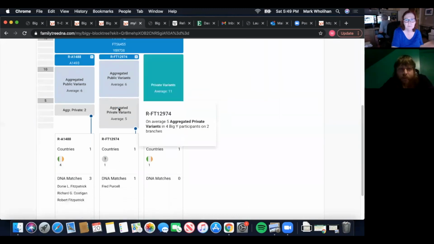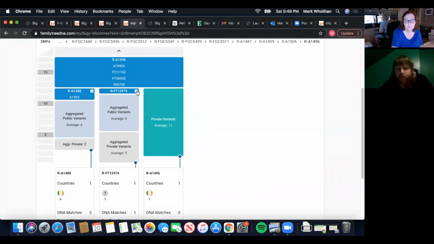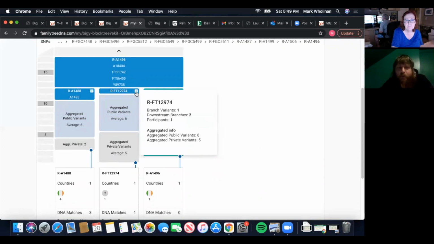That's your shared ancestor between you and the Fitzpatricks and the Purcells. So you are over here. I think you're in this branch, like a branch off from the Purcells.